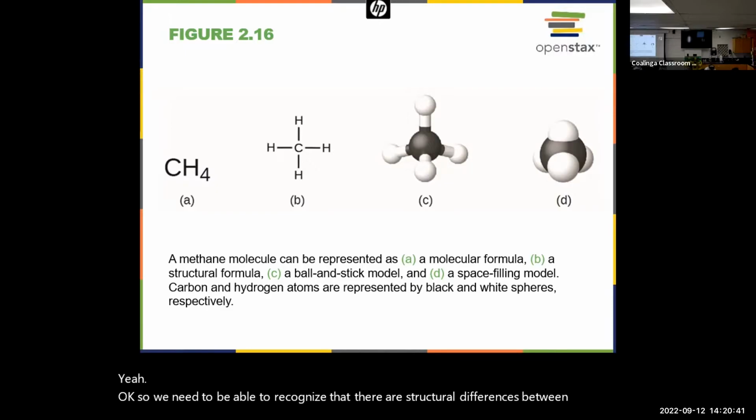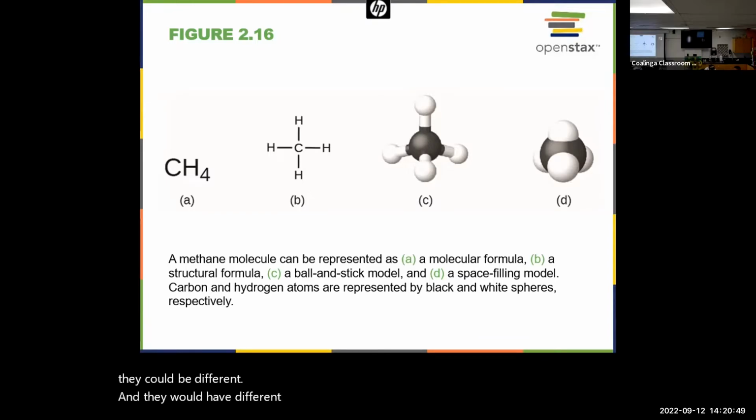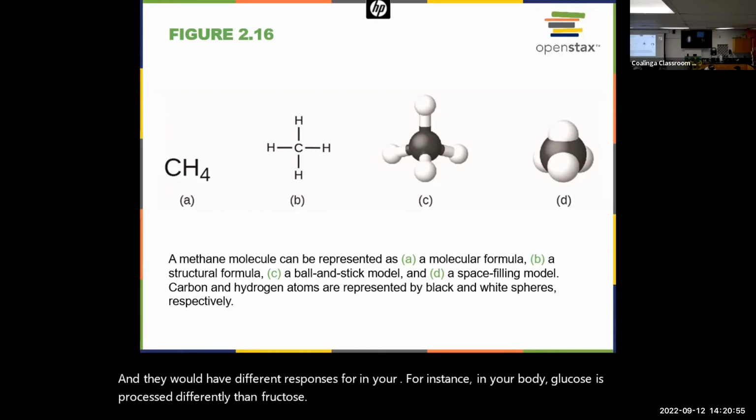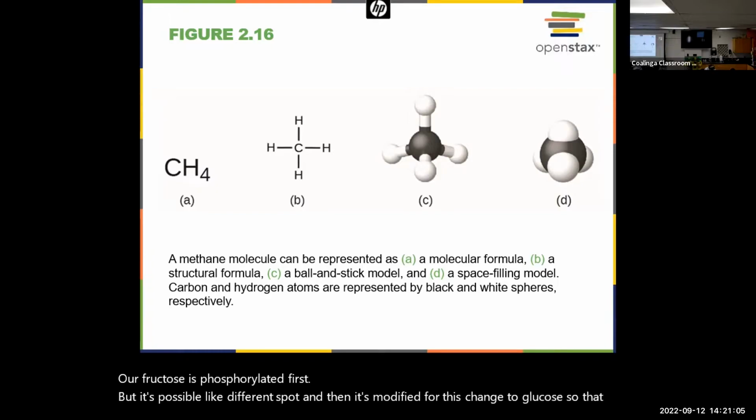Two compounds may have exactly the same chemical formula, but structurally they could be different, and they would have different responses. Like for instance, in your body, glucose is processed differently than fructose. Fructose is phosphorylated first, actually glucose is phosphorylated, but in a different spot. And then fructose is modified, changed to glucose so that we can actually utilize it in our system.